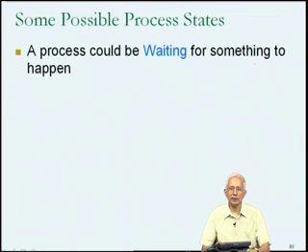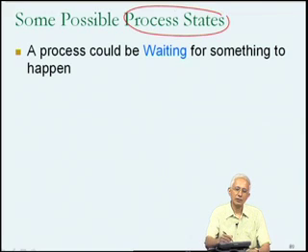And we saw this, for example, in the case of the parent process, which could be sleeping, waiting for its child to terminate. And it could come into this state by executing the wait system call. So, this seems to be another condition that a process could be in. Remember, we are going to use the word process state to refer to, at a high level, the condition that a process could be in.